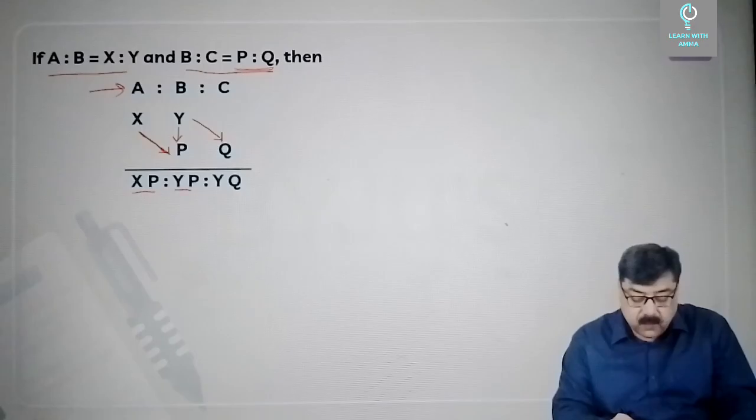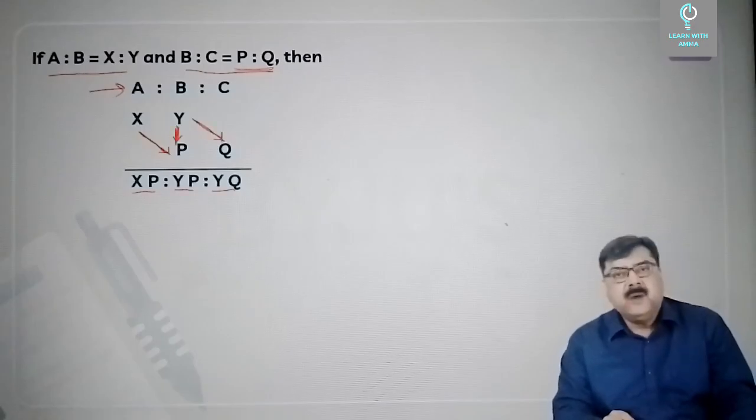The first term with regard to A is going to be X into P. The next term, with regard to B, would be Y into P. And the third term, with regard to C, will be Y into Q. So A is to B is to C here is XP, YP and YQ. Quite a simple one.